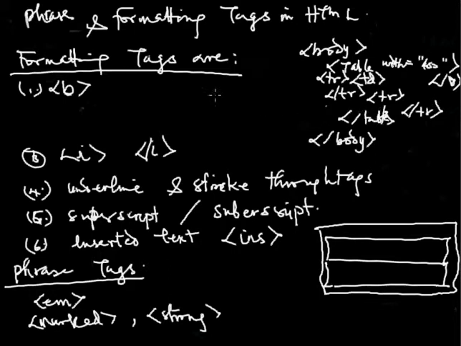For you to use bold, if you write hello and you want to make this hello look very bold, what you just need to do is write the B tag. You open it, you write the hello inside and you close it.